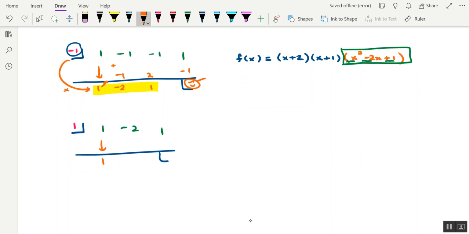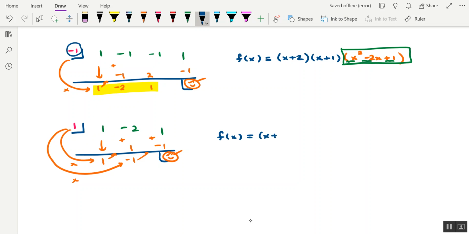Bring down the 1. 1 times 1 is 1. Negative 2 plus 1 is negative 1. One more multiplication, and we get the third musketeer of the dabbing emojis. But anyway, this demonstrates that 1 is a real zero of the function.